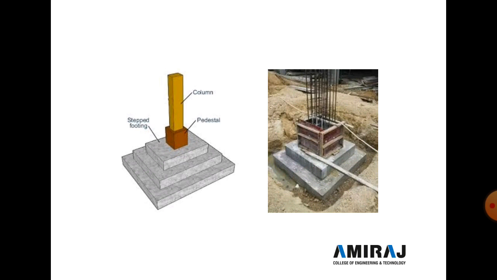Here the yellow color shows the column, and below the column a pedestal is provided, and below the pedestal the steps depend on the thickness or dimension of the column. So the number of steps depends on the column size.